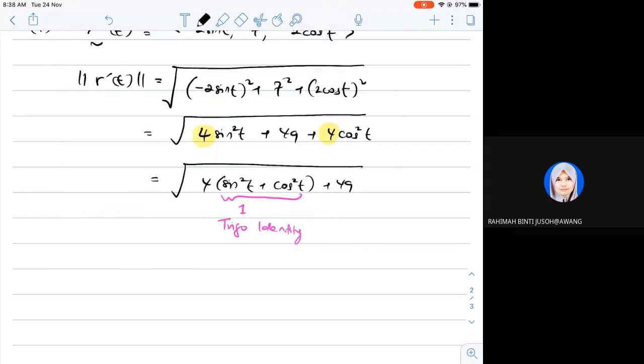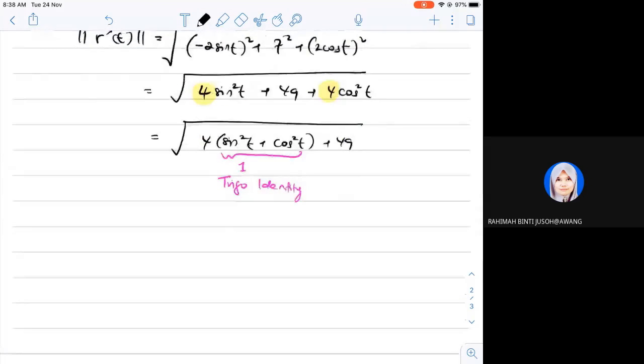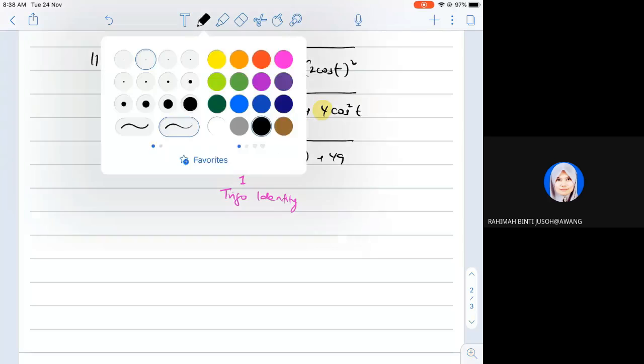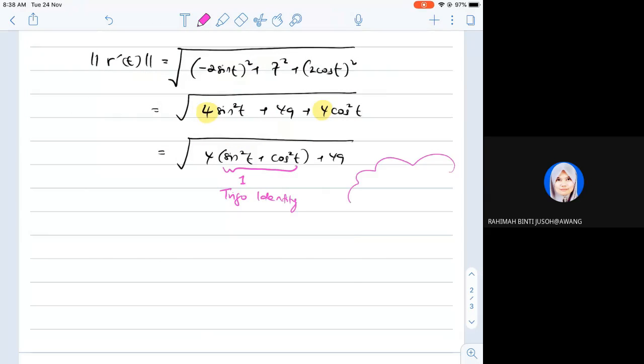Before I proceed, I would like to ask you one question. What if we have sine squared 70t plus cos squared 70t? Do we get 1?